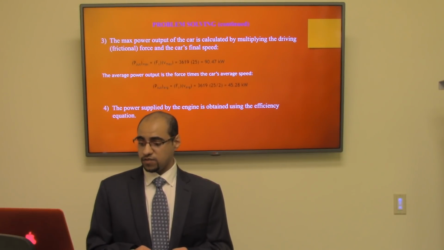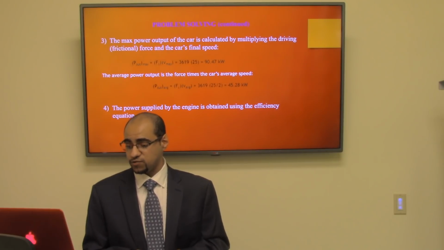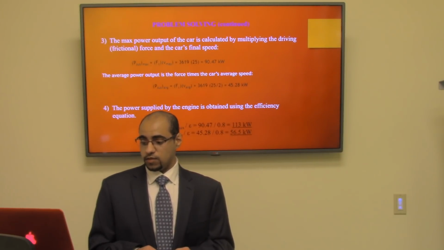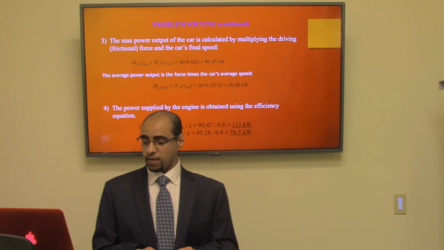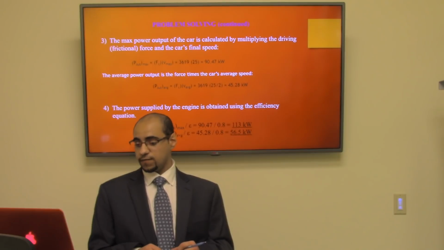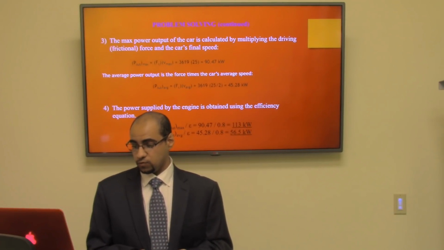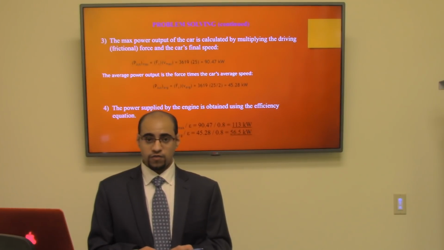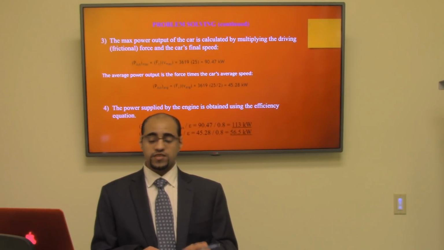Last step, the power supplied by the engine is obtained using the efficiency equation. The P input max equals P output max over the sigma, which gives us 90.47 over the efficiency, which is 0.8.